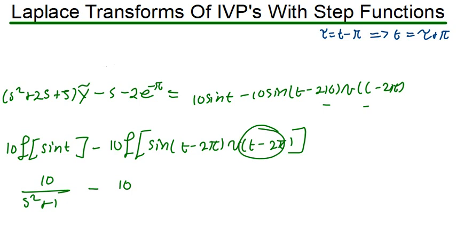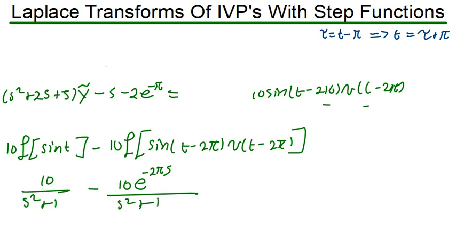For this part, I'm using the second shifting theorem: minus 10, e to the minus 2 pi s, multiplied by our F(s), which is 1 over s squared plus 1.